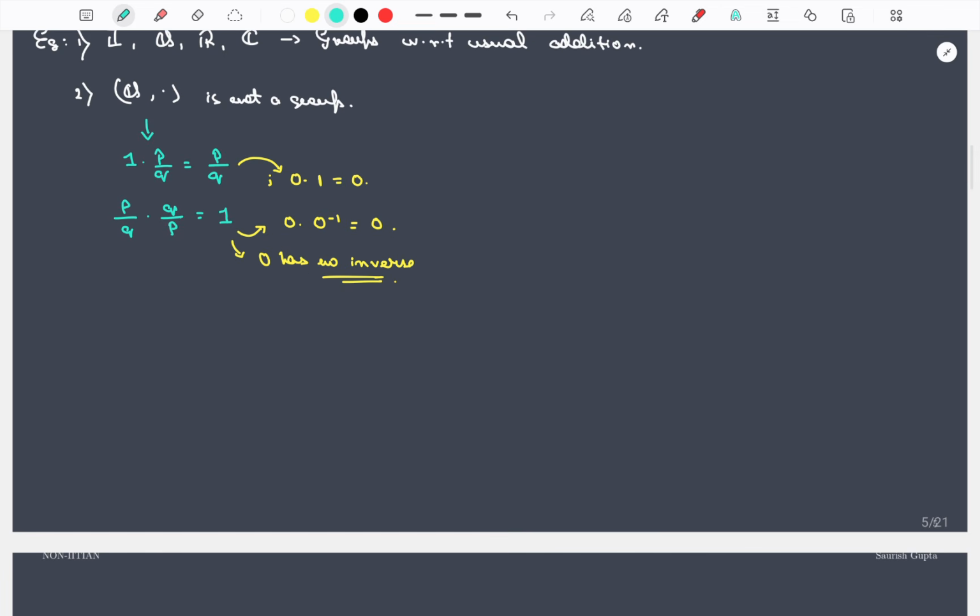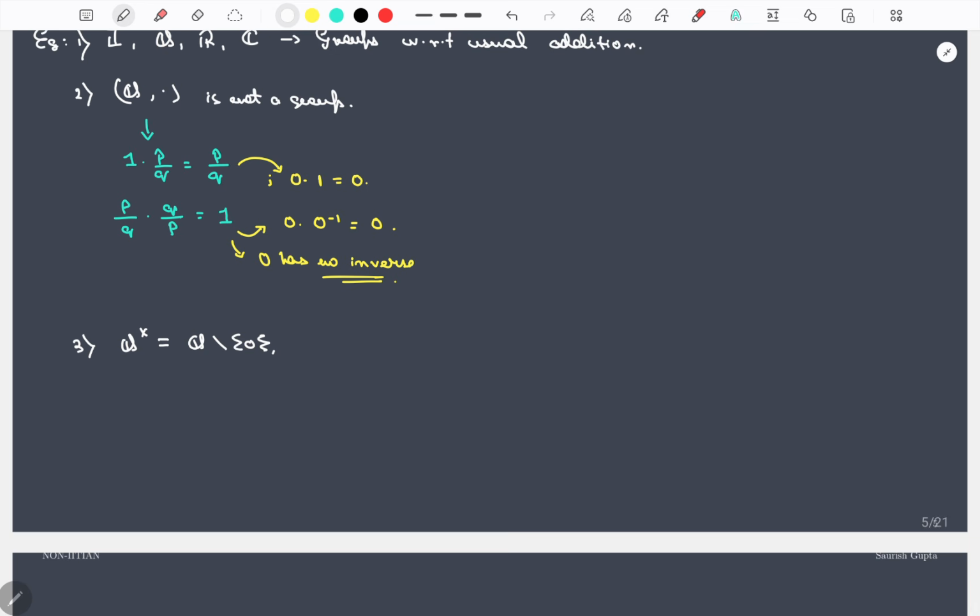So what we can conclude, as the third example, is that Q, we usually denote it as Q cross, which is nothing but Q except the 0 element. This will be the usual notation to denote sets except 0 when the sets are ones we already know working with, for example reals and complexes.